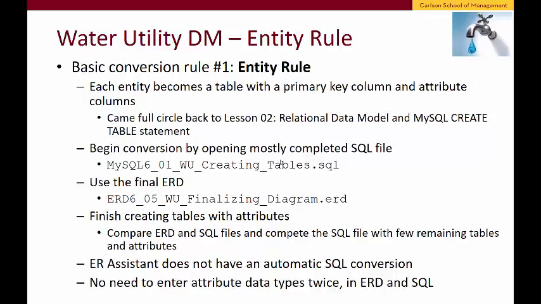We made the comparison between the ERD and SQL files numerous times. It would have been nice if this was all done automatically, but it's not. So the next step is going to be basic conversion rule number 2, converting relationships by creating a bunch of foreign keys, and that's going to be the topic of the next recording.